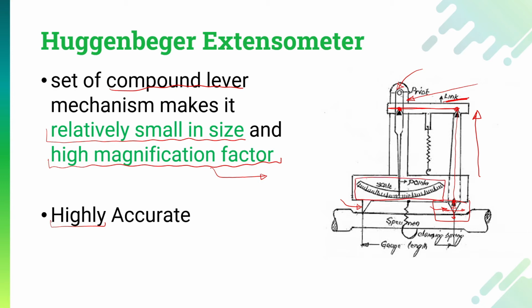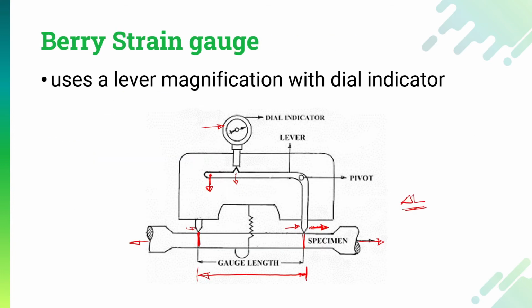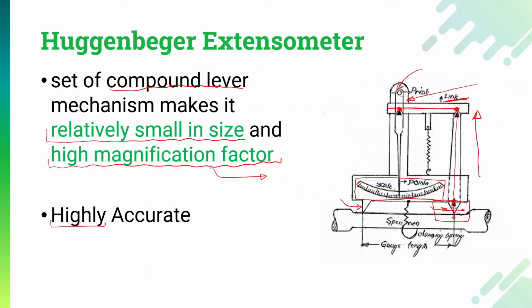The working of this Huggenberger extensometer is almost the same as the previous Barry strain gauge. We are able to get more than 2000 times magnification if we apply the dial indicator on this extensometer. So this is how the Huggenberger extensometer looks.